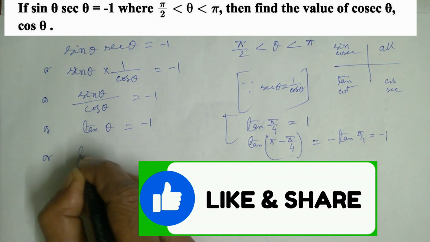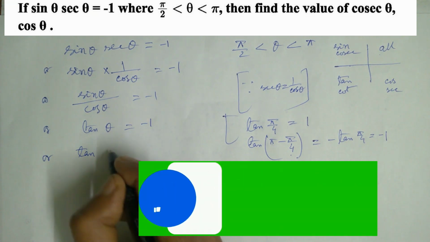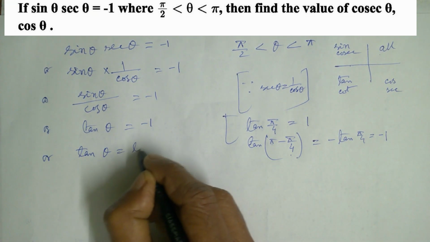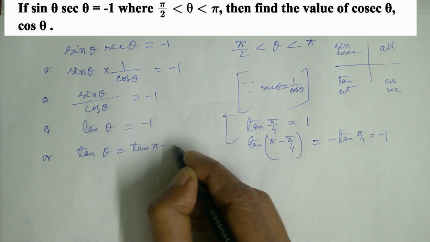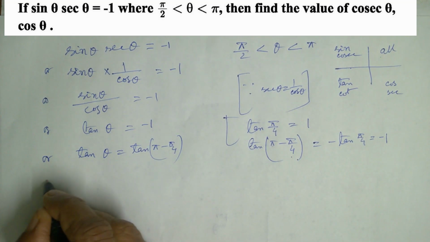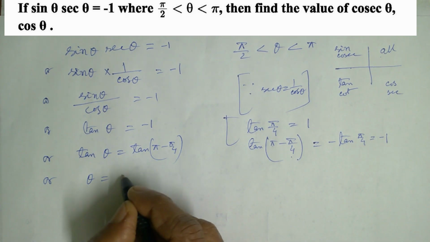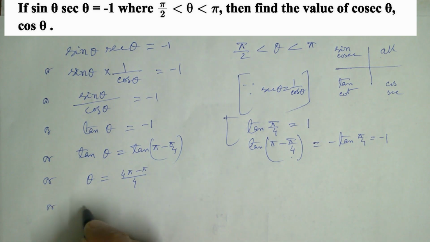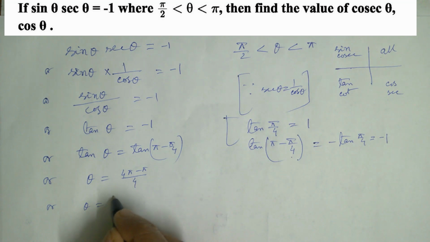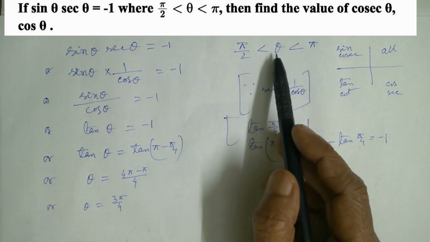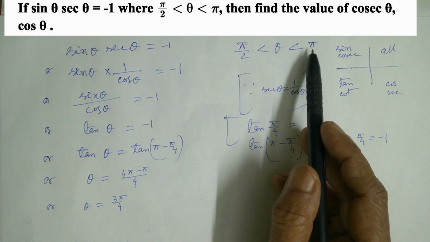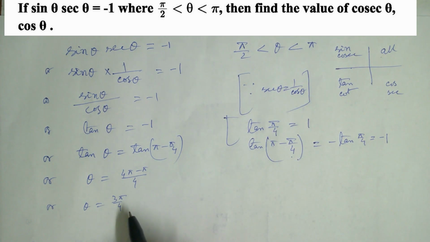So tan theta is equal to tan of pi minus pi by 4, or theta is equal to 3 pi by 4. Obviously 3 pi by 4 lies between pi by 2 and pi.